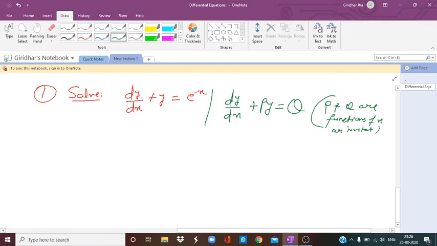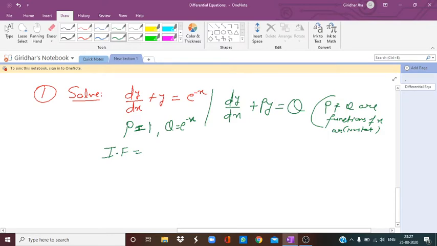Correct? So look here. Here P, what we can say, is 1. P is 1 here. What about Q? Q is e to the power minus x. Fine. Functions of x or constants. So it's true: P is 1 and Q is e to the power minus x. So what is the first step to get the integrating factor?